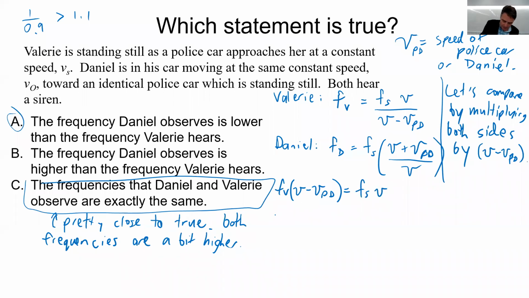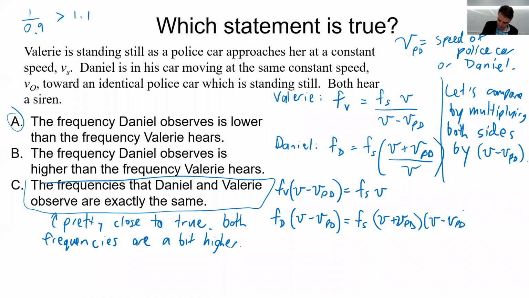That's the Valerie. If you look at Daniel, then you've got times the same thing. Then what you'll have is FS times V plus VPD times V minus VPD.